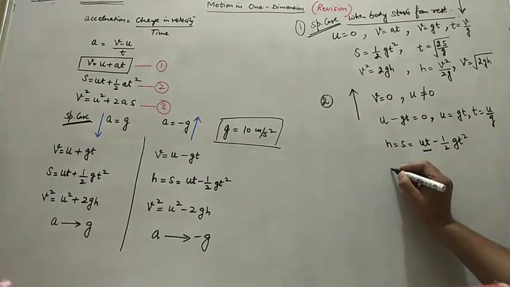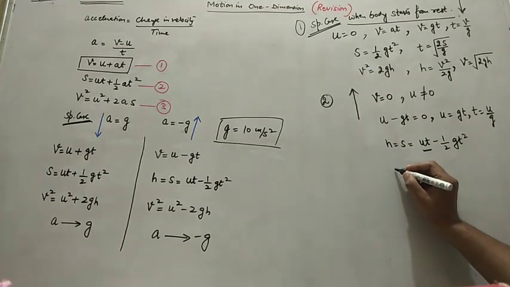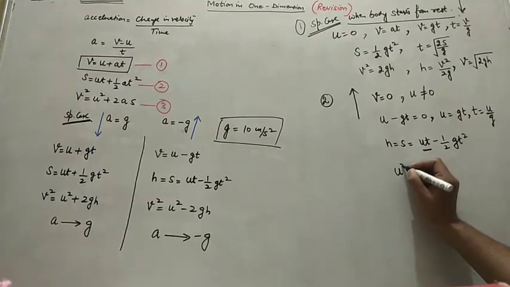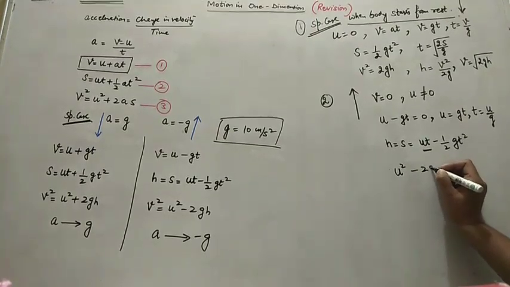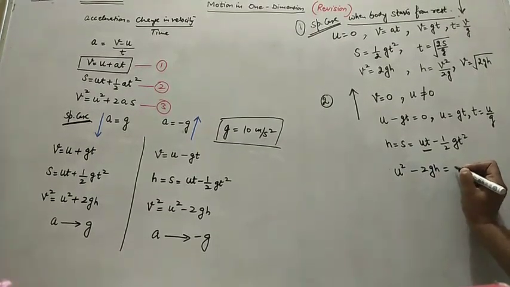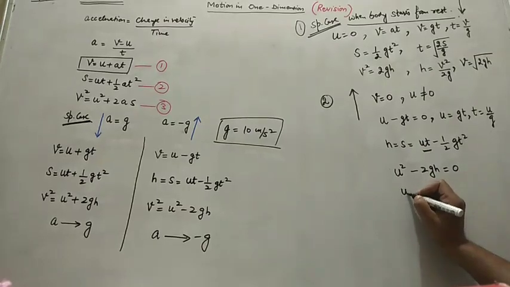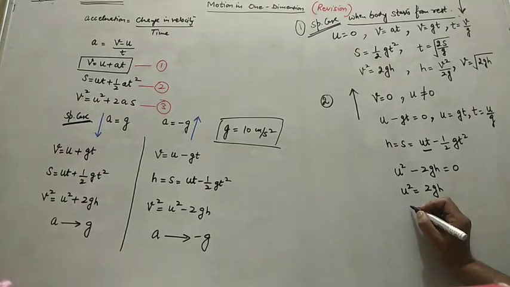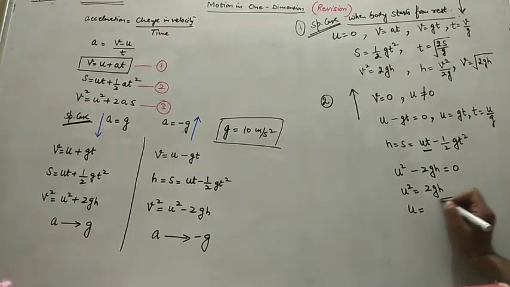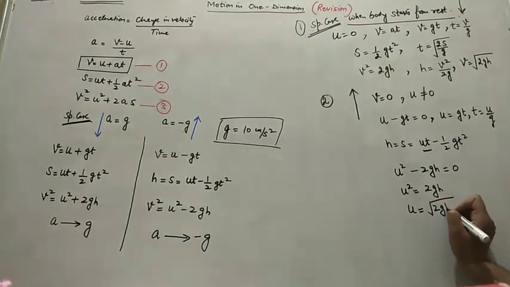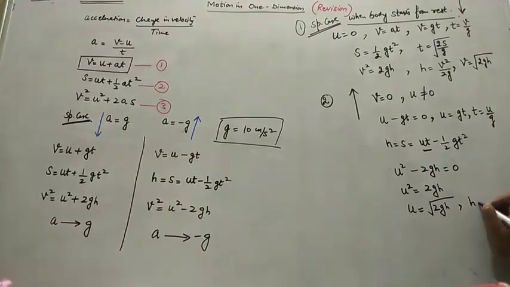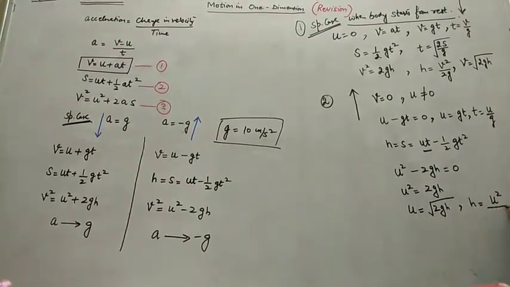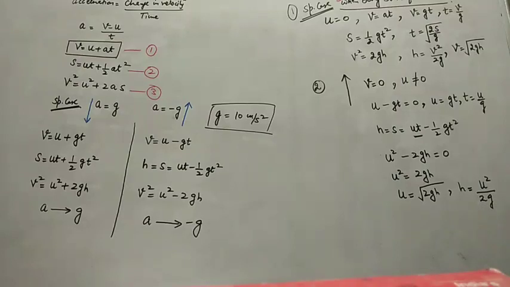And the last equation, that is u square minus 2gh is equal to 0. In that case, u square is equal to 2gh, or u is equal to root 2gh, or h is equal to u square upon 2g.